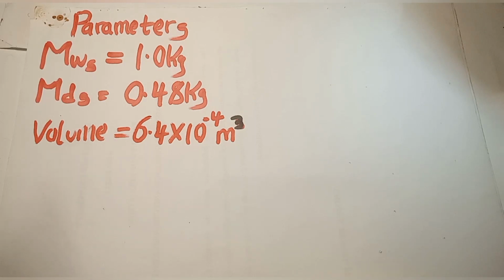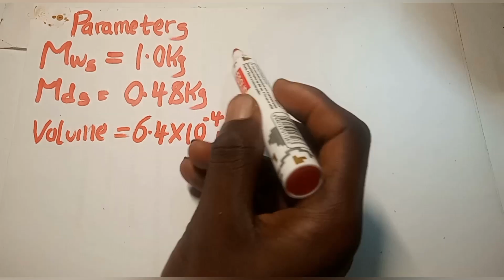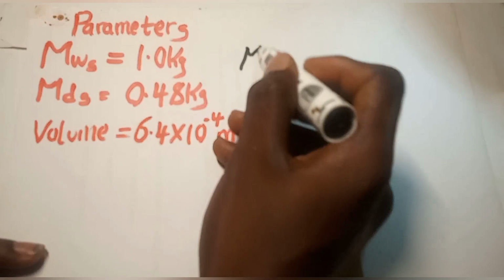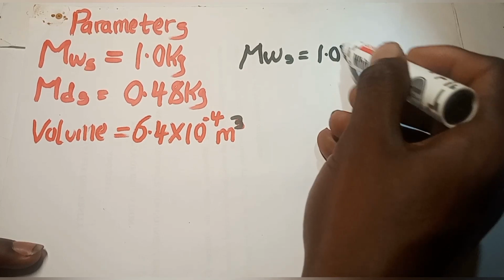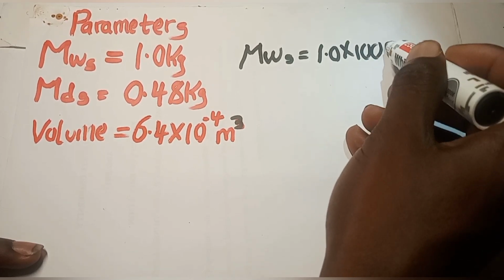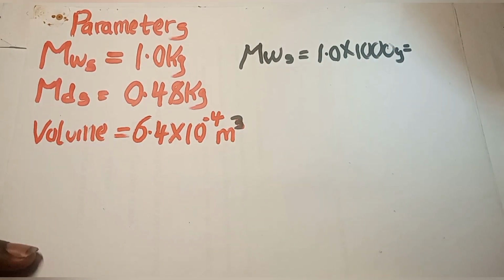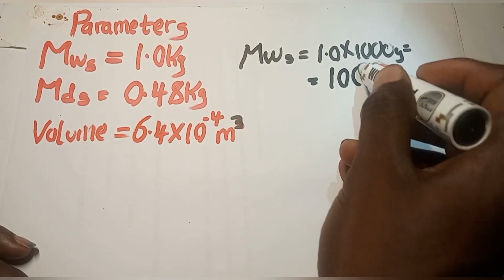If I want to convert kilogram to gram, don't forget that 1000 gram equals 1 kilogram. So mass of wet soil in gram is 1.0 multiplied by 1000 gram, which will be 1000 gram.